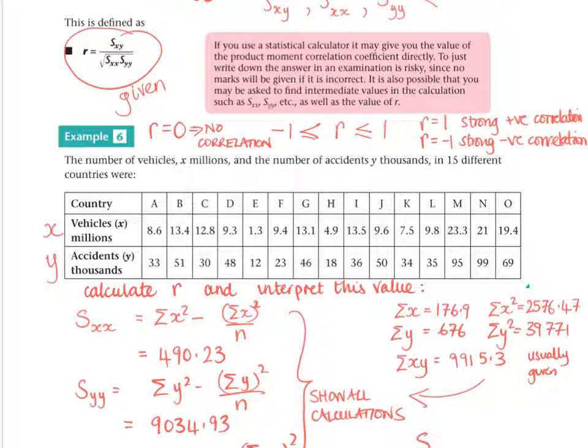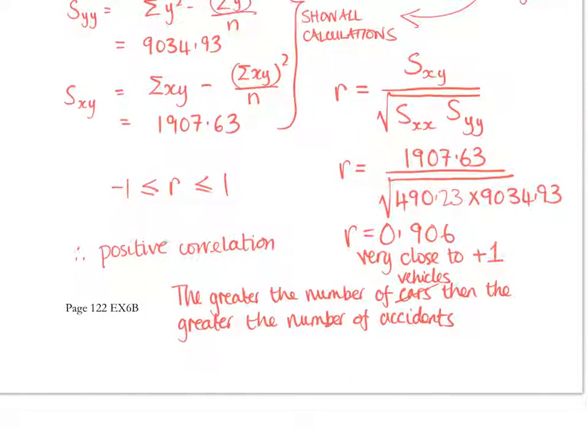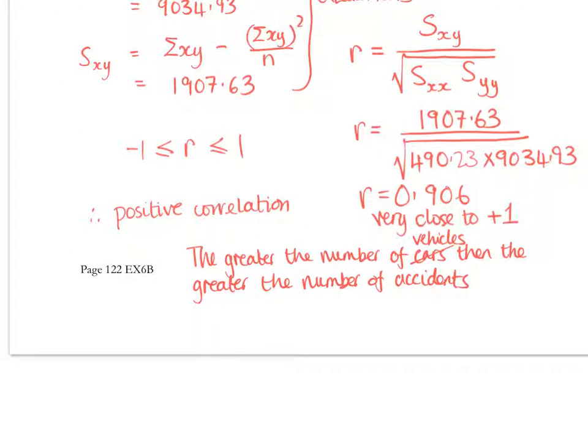So to do a little bit of practice on this, what I'd like you to do is on exercise 8b, the questions 1, 2, 3, 5, 6 and 8. And that's to give you a good idea of how to work out the coefficient R, which is the product moment correlation coefficient.